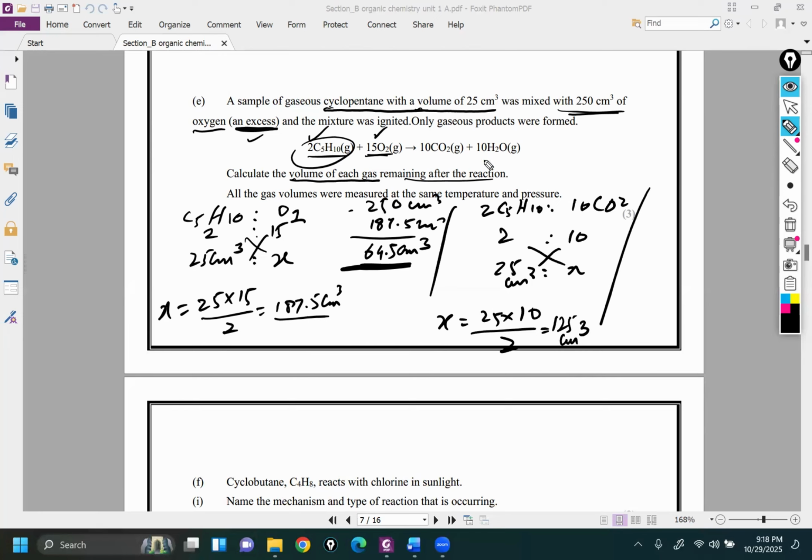As in the product, 10 moles of carbon dioxide, the volume produced is 125. There are also 10 moles of water vapor, so the water vapor is also 125 cm cube. So we can easily reach our answer. Always find the volume of the products and the remaining reactant from the limiting reactant, which is 25 cm cube cyclopentane.